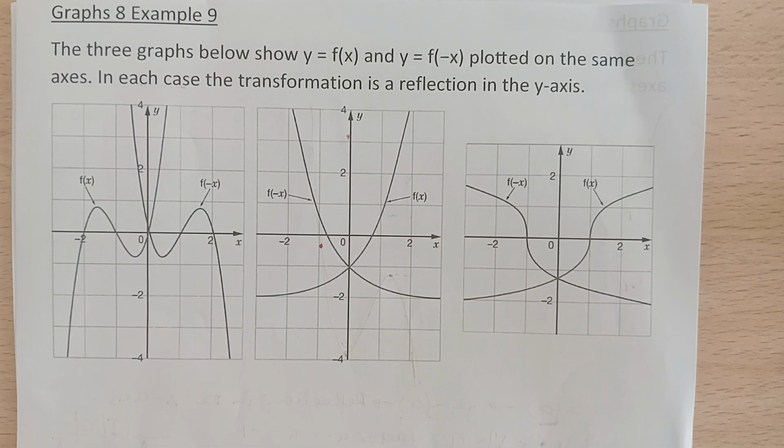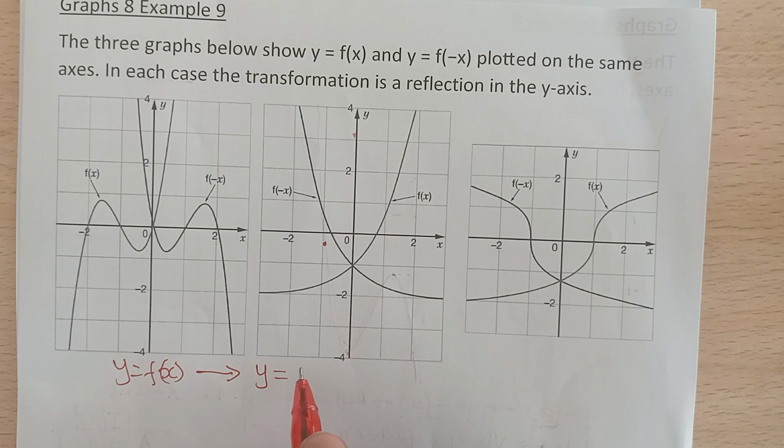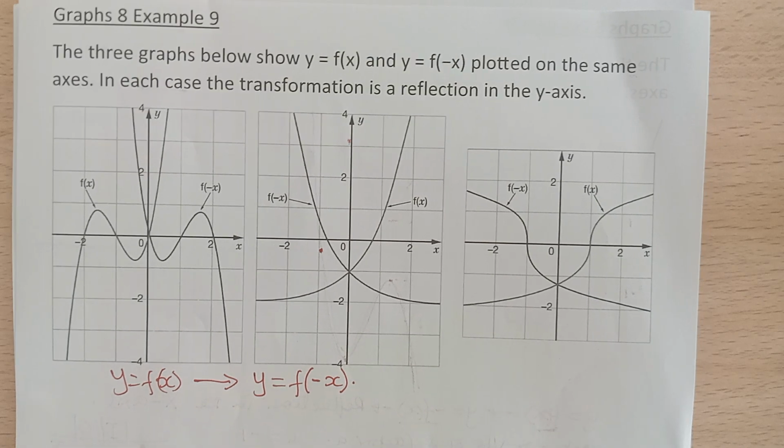When we have y = f(x) as an original function, and this one is transformed to y = f(-x), you can see that now the negative 1 is within the bracket. So the negative 1 is multiplying x.